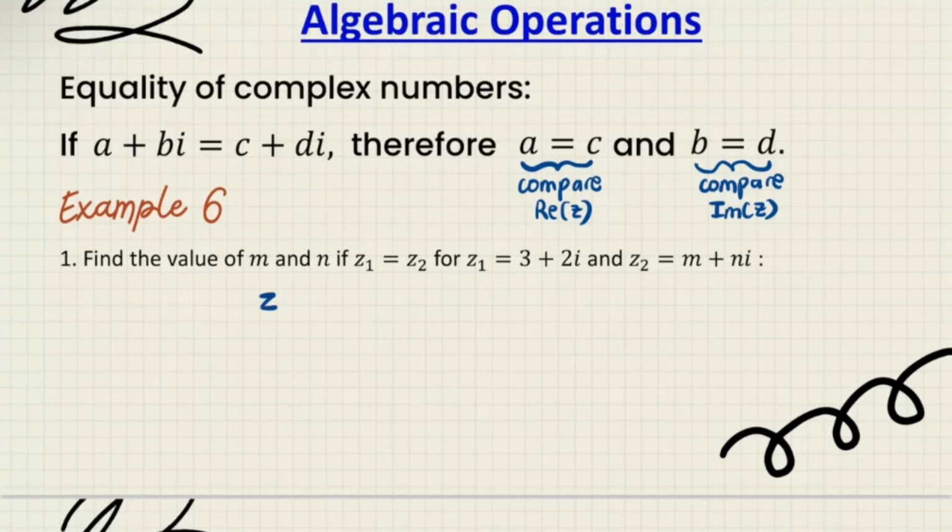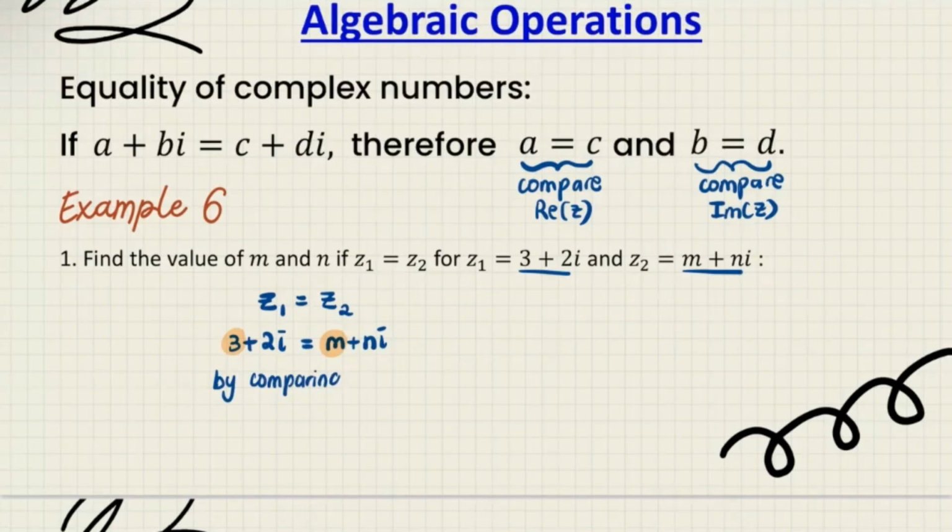So Z1 is equals to Z2, and Z1 kat sini adalah 3 plus 2i equals to our Z2 adalah M plus Ni. And by comparing, so we have 3 will be equals to M. So by comparing, untuk real part, M will be equals to 3.